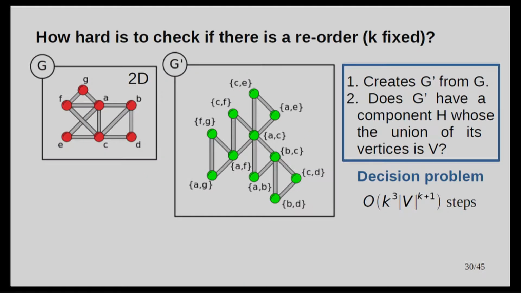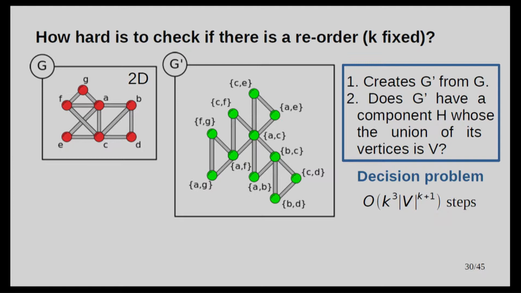So how do we prove this is polynomial? To find such an order is a polynomial problem. I will explain the idea behind this proof in the 2D case. So here is the graph in 2D. We want to know if we can make a reorder here. The idea starts by building a new graph G prime in such a way that the vertices in G prime are cliques of size k.